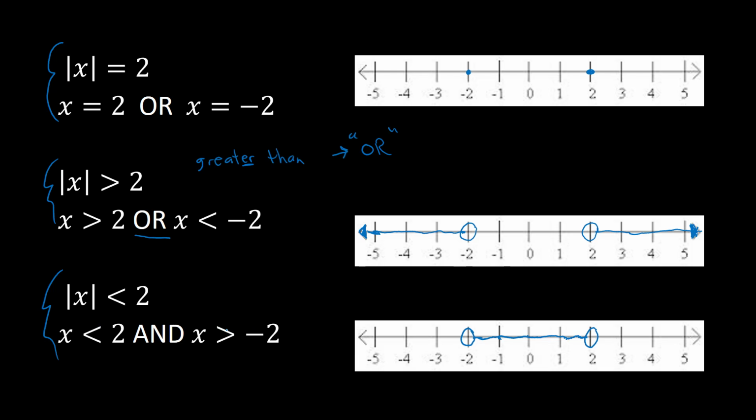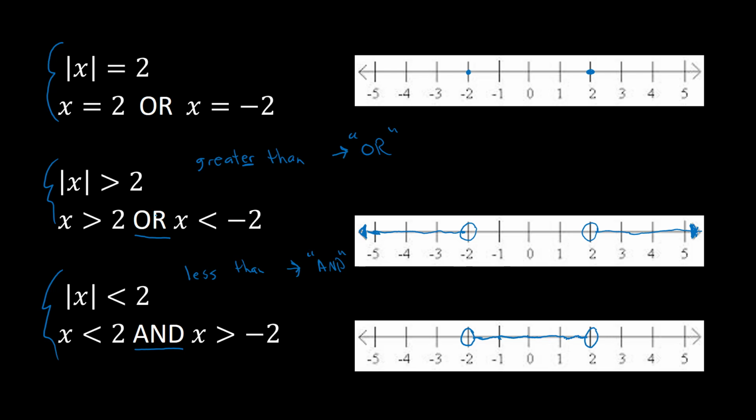And then your second case would be changing the sign from a less than to a greater than, and then changing the sign from a +2 to a -2. And then notice that the connecting word is going to be an and. So less than will be an and, then greater than will be an or statement. And once again, that's going to be important as we move on.